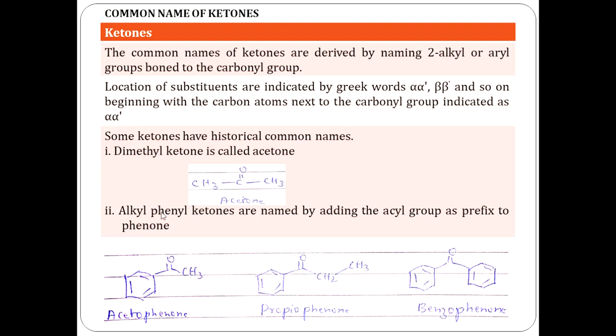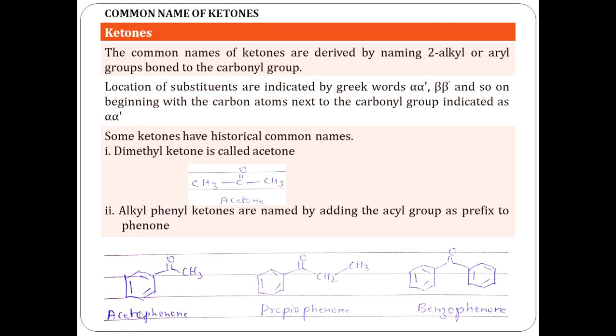Next example: alkyl phenyl ketones are named by adding the acyl group as a prefix to phenone. For example, acetophenone, propiophenone, benzophenone. In this example the acyl group is the prefix to the phenone.